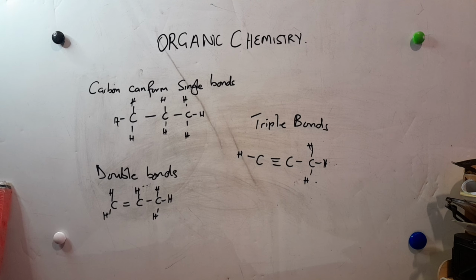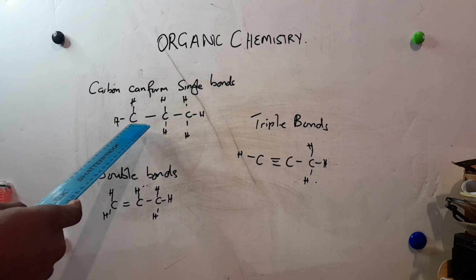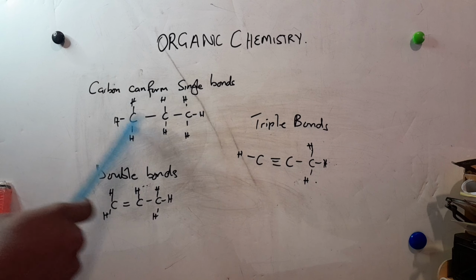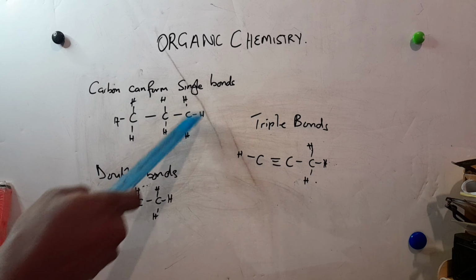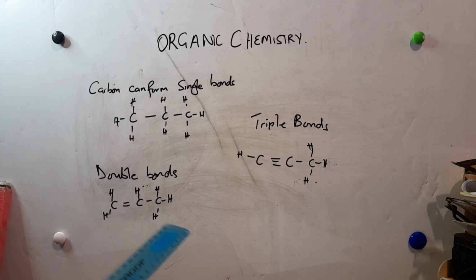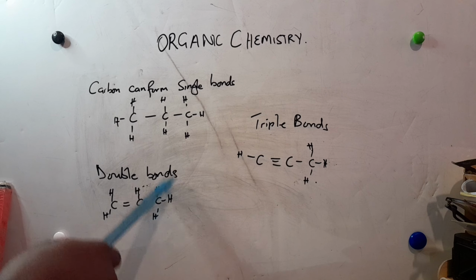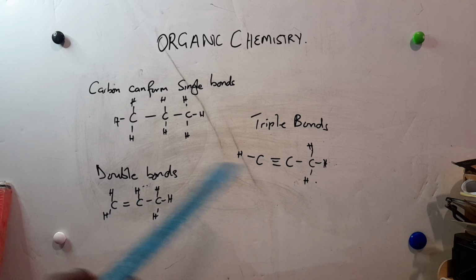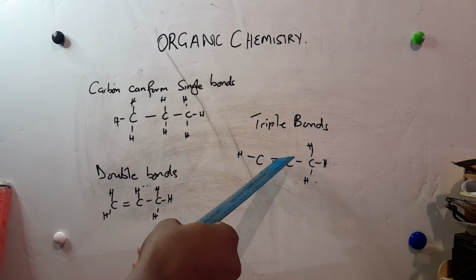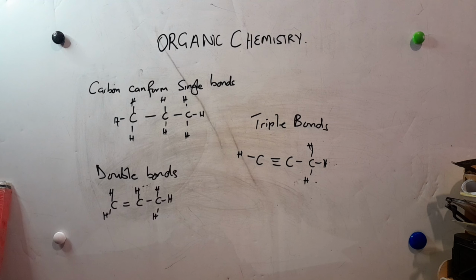So these carbon atoms can make single bonds between themselves. As you can see, this is just a single bond between the carbon atoms, or it can make double bonds. This is the situation we're having, double bond. Can you see that? And also they can make triple bonds between carbon atoms, right?